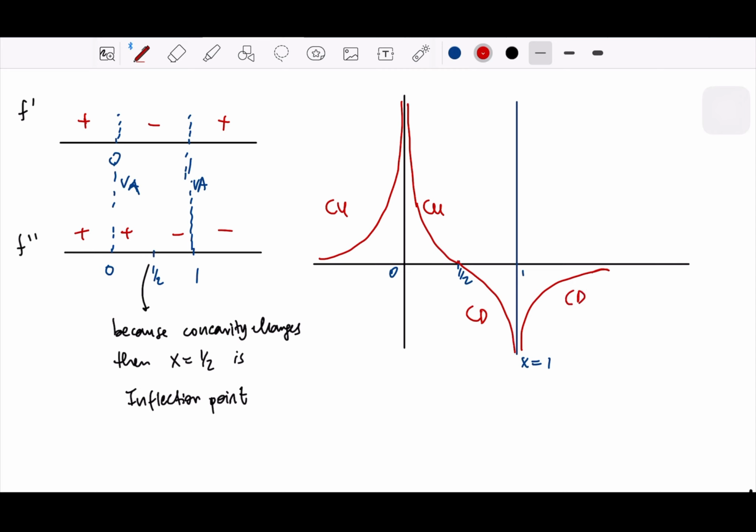Again, concave downwards, and this is an inflection point. Let me write IP for inflection point. So this is a vertical asymptote, and this is a horizontal asymptote.